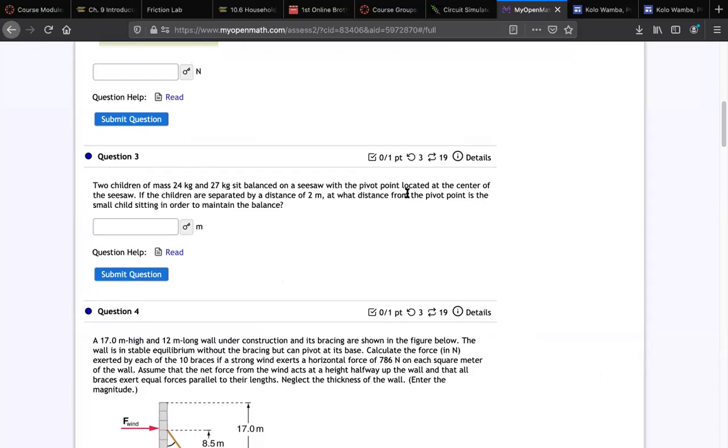And the pivot point is located at the center of the seesaw. All right. So if the children are separated by a distance of 2 meters, at what distance from the pivot point is the smaller child, so that the balance is maintained?